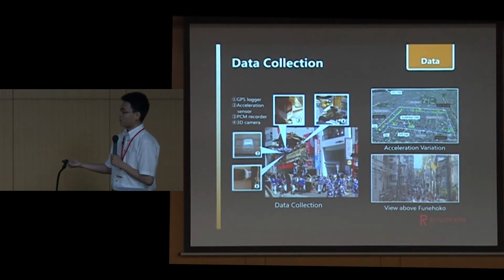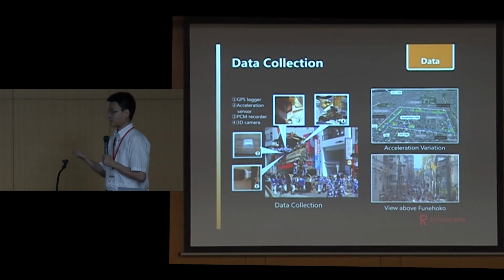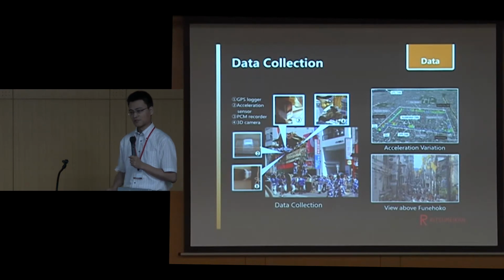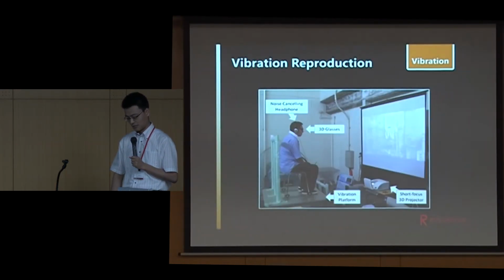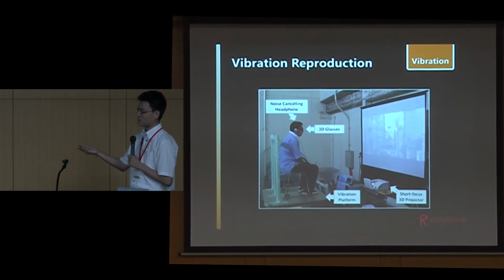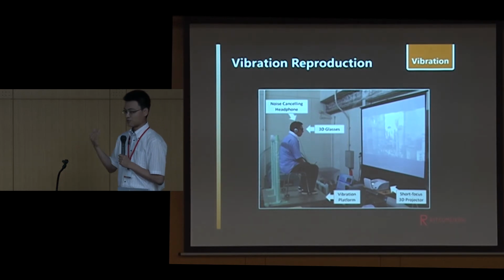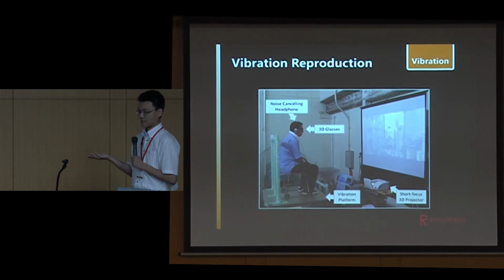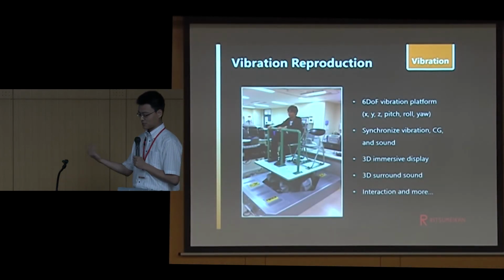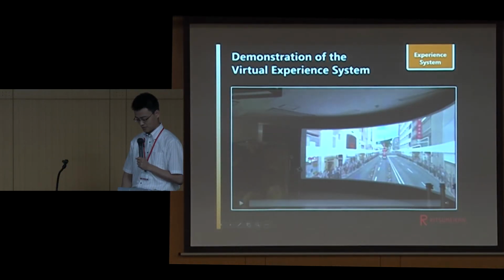So we recorded different data during the real parade, especially the acceleration data, to reproduce the vibration of the float. At the first step, we used a three-dimensional, 3 degrees of freedom vibration system. But at the new step, we use a 6 degree of freedom vibration platform. So this is a demonstration.